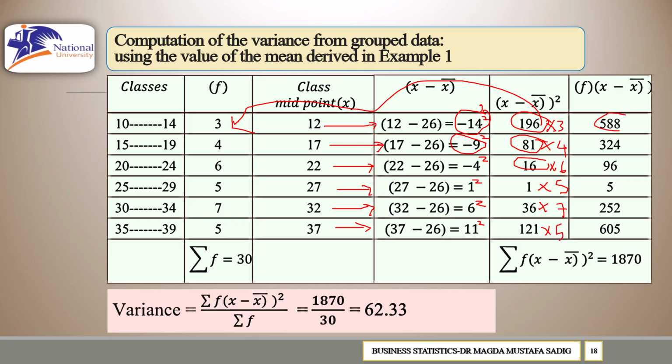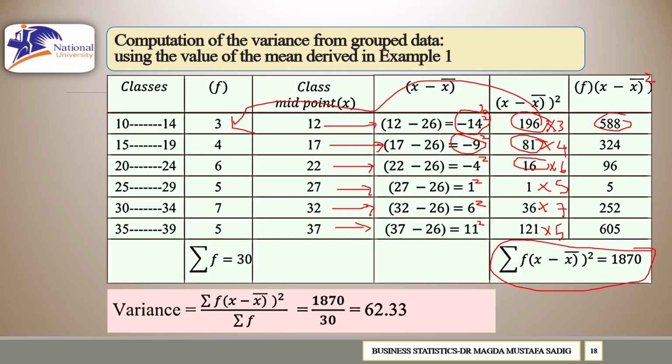This is our result of the multiplication of the frequencies with the squared deviations of the class midpoints from the mean. Then we add up these results, and we will end up with 1870.